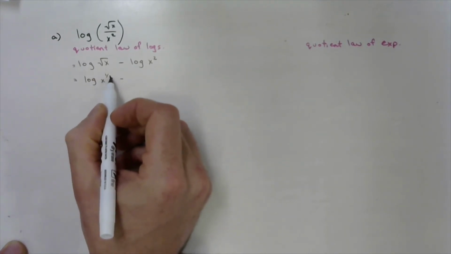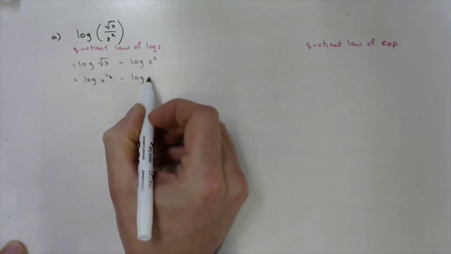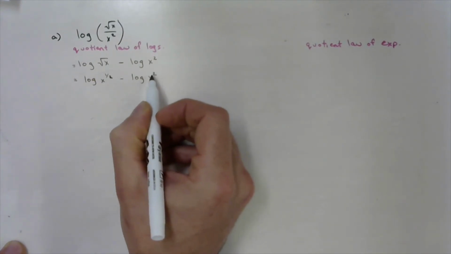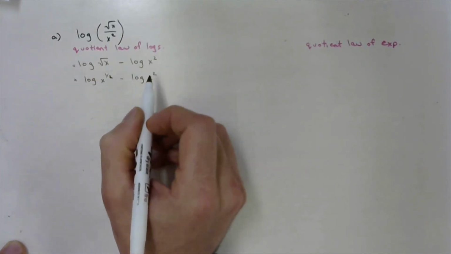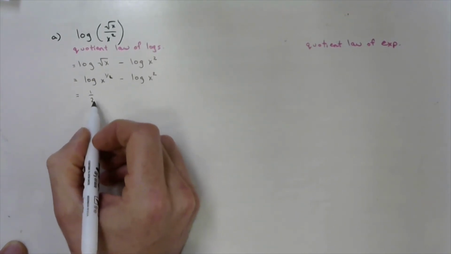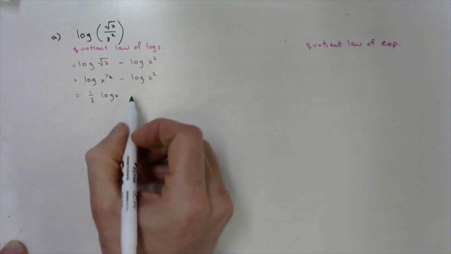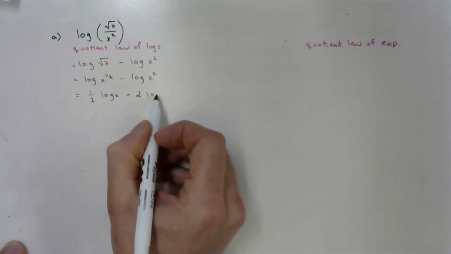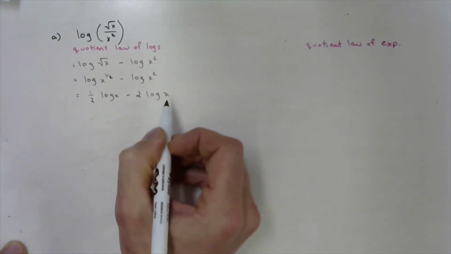Again, I'm writing every step. There probably are some steps here that you'd be able to skip in your work. And now I'm going to use the power law of logarithms, which allows me to bring down 1/2 times the log of x minus 2 times the log of x.